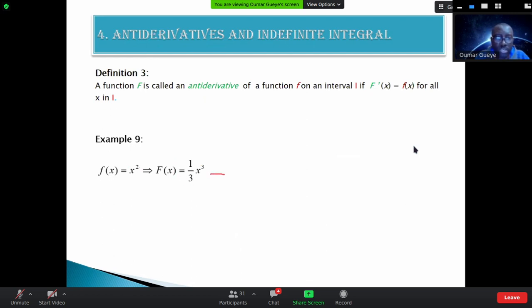As you can see here, if I calculate the derivative of capital F, I will get the small f, which is equal to x squared in this case. And this is exactly what the definition says. So it means capital F equal to 1 by 3 x cubed is an antiderivative of x squared.